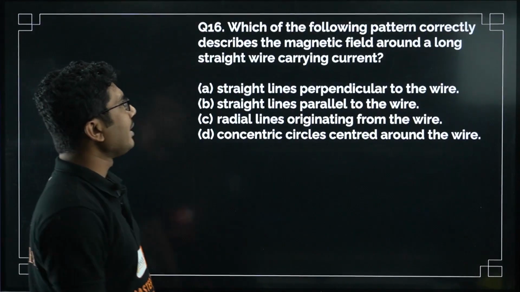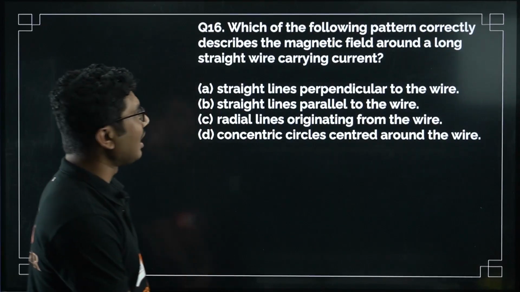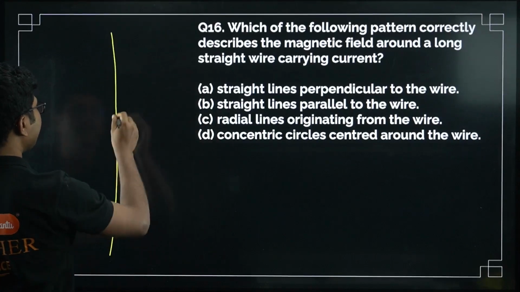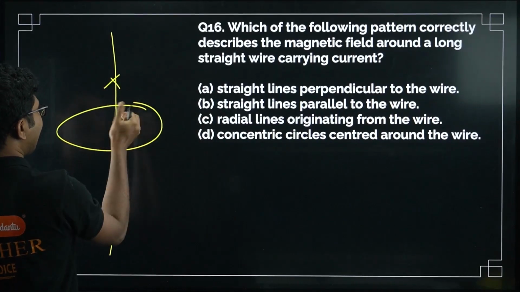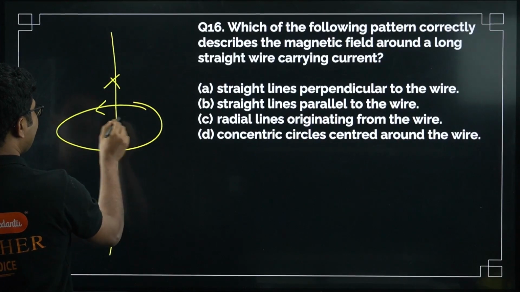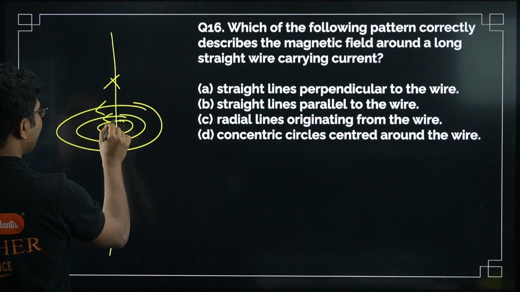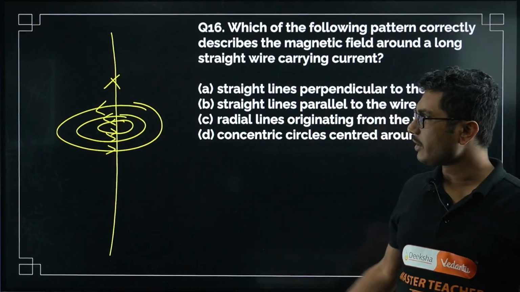Which of the following patterns correctly describes the magnetic field around a long straight wire carrying current? A long straight wire carrying current will have a magnetic field like this, right? Concentric circles, we know already. You have already studied this.